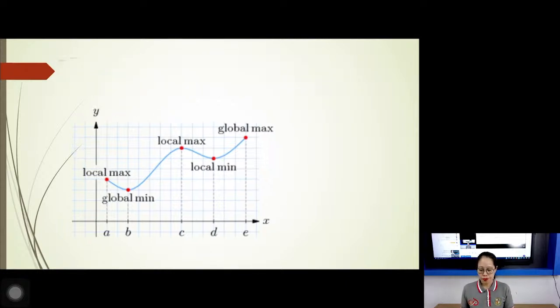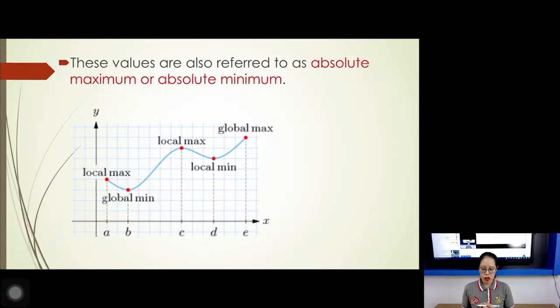These values are also referred to as absolute. So another term for global is absolute. Another term for local is relative. Local, relative, they're the same. Global, absolute, they are also the same.